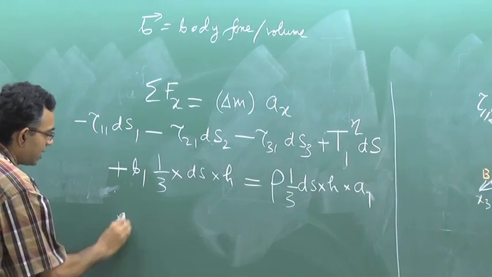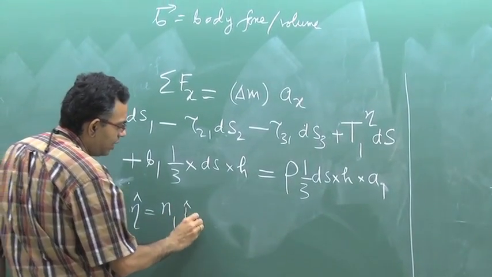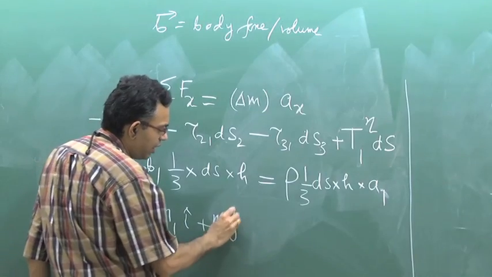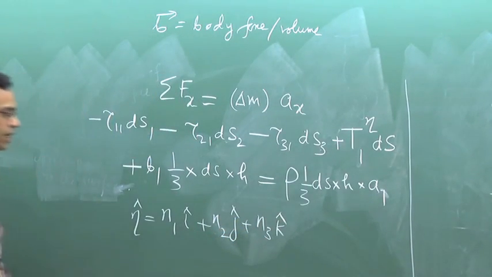Now let us write this eta as eta 1 i plus eta 2 j plus eta 3 k. Eta 1, eta 2 and eta 3 are the direction cosines of the unit vector which is normal to ABC.